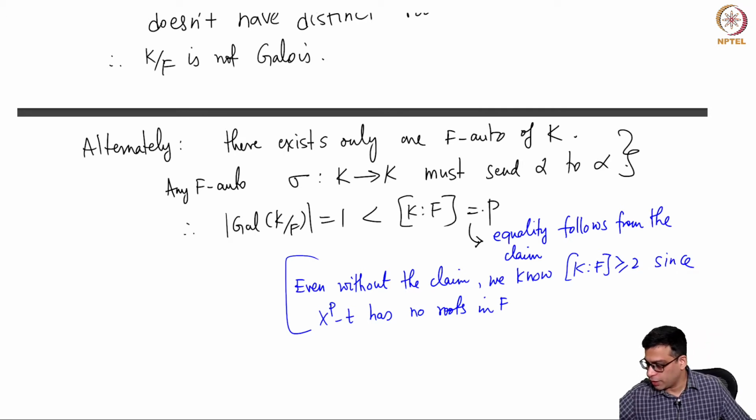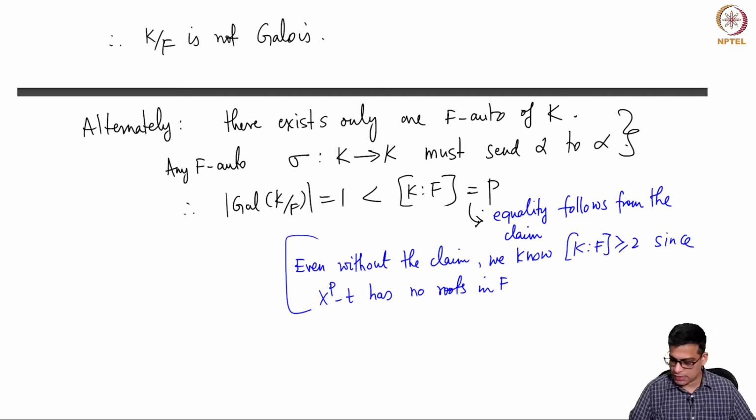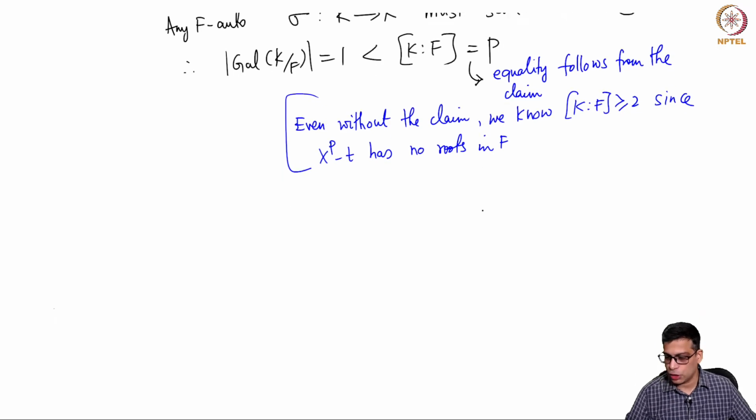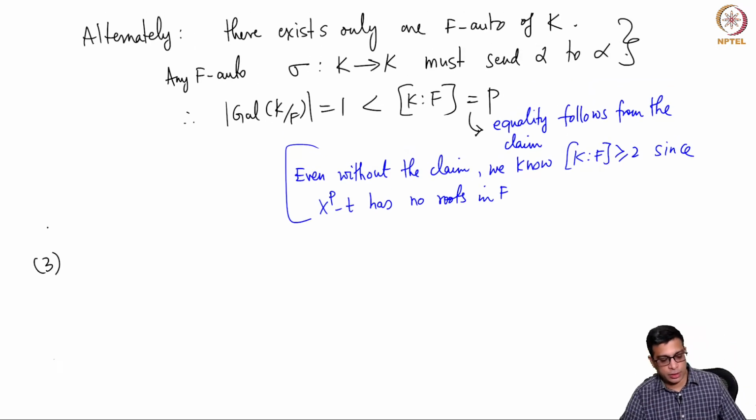Okay, so now let me continue and do some more examples. So the next problem, okay, so let's see the following problem. This also is something that came up before, but I'm trying to tie up loose ends here and settle this.